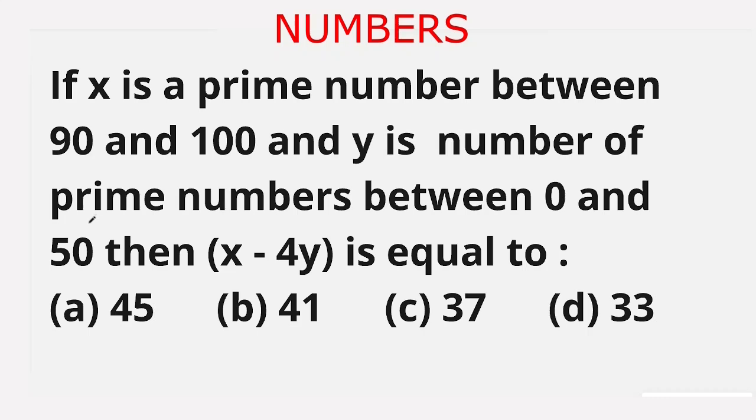Y is number of prime numbers between 0 and 50. Then X minus 4Y is equal to option A 45, option B 41, option C 37, option D 33.